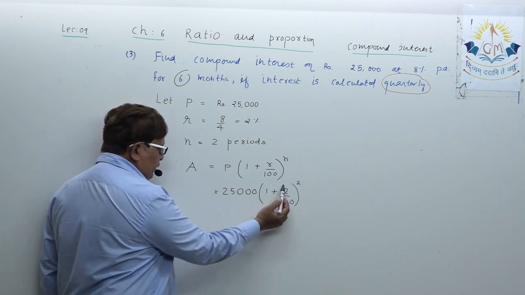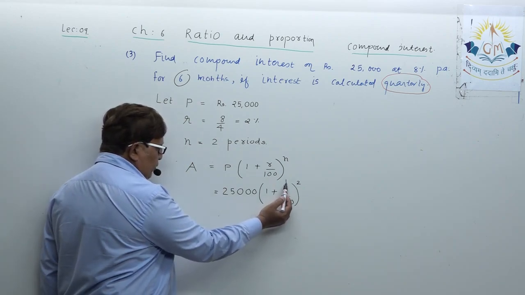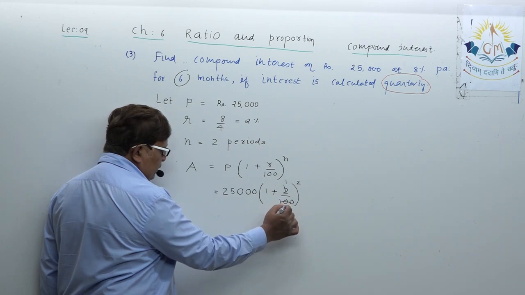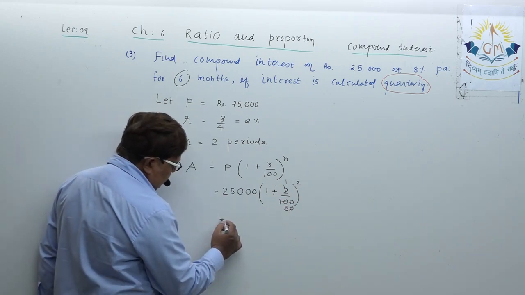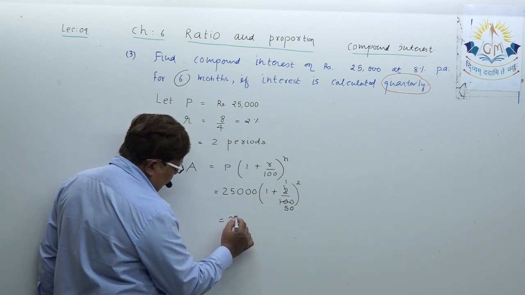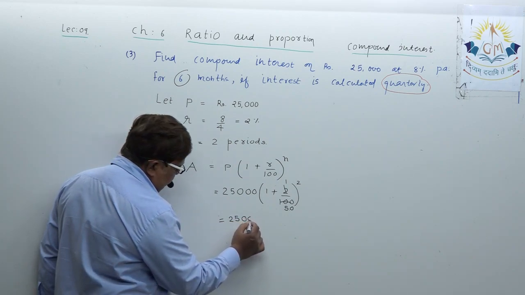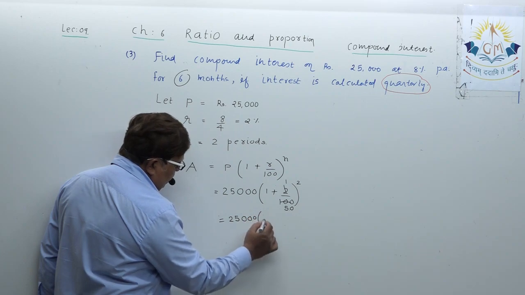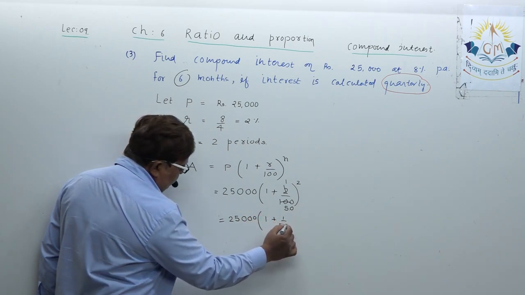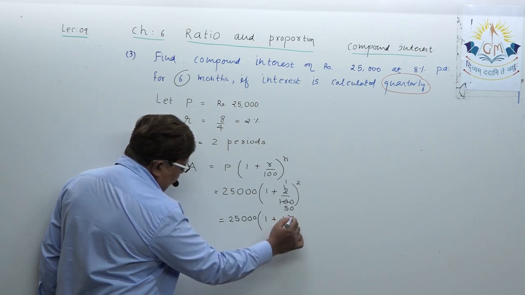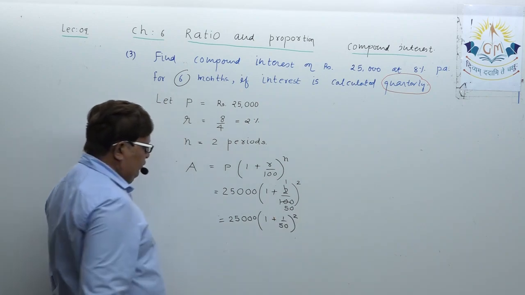Okay, dear student, 2 ones are 2, 250 ones are 50. Now this is equal to 25,000 into bracket 1 plus 1 upon 50, raised to 2.